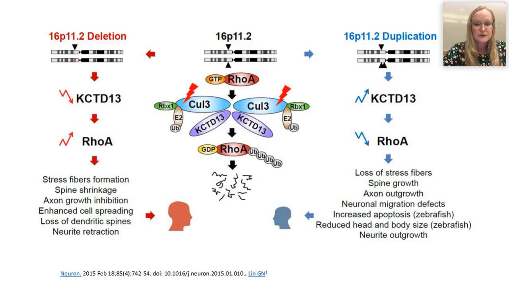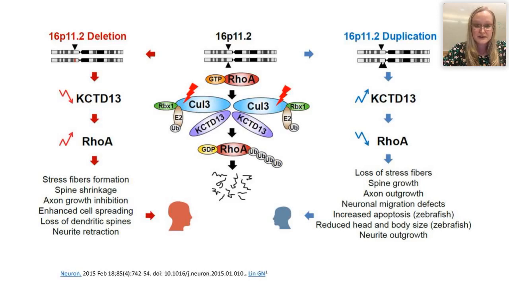And we were able to look at one of the proteins, KCTD13, which is expressed in the 16p11.2 region. This protein forms a complex with the Cullin-3 ubiquitination complex that degrades a protein called RhoA. And in the 16p deletion cells, when the KCTD13 expression is decreased, RhoA expression is significantly increased in these cells.